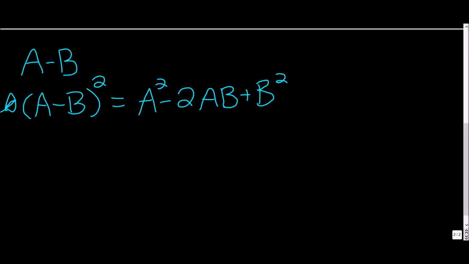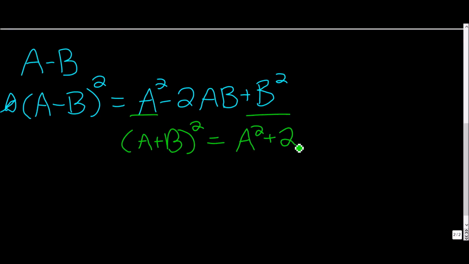I don't know what these are. I have to somehow figure out a way to express this alpha squared and beta squared in terms of something that I know. Well, what I do know is that alpha plus beta squared is going to equal alpha squared plus 2 alpha beta plus beta squared.